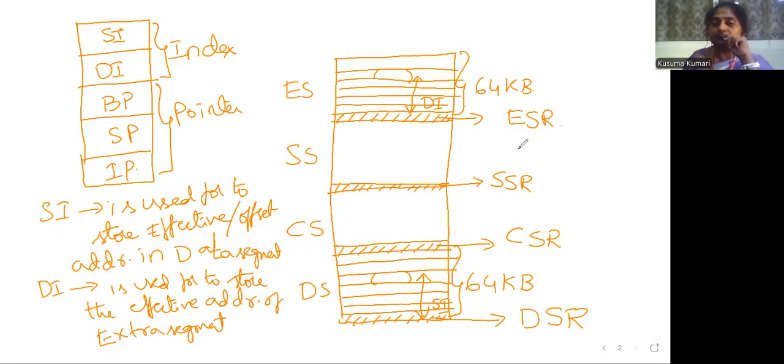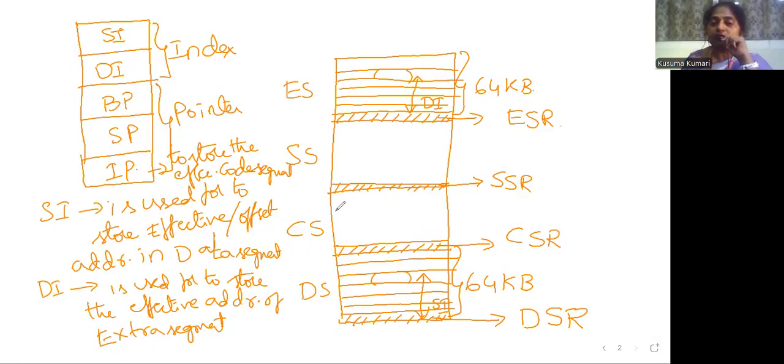The instruction pointer is used to store the effective address of the code segment. Okay, code segment.